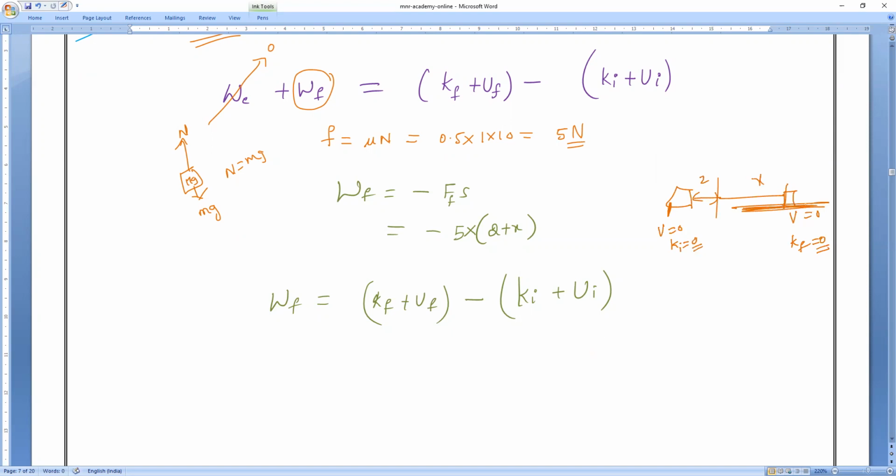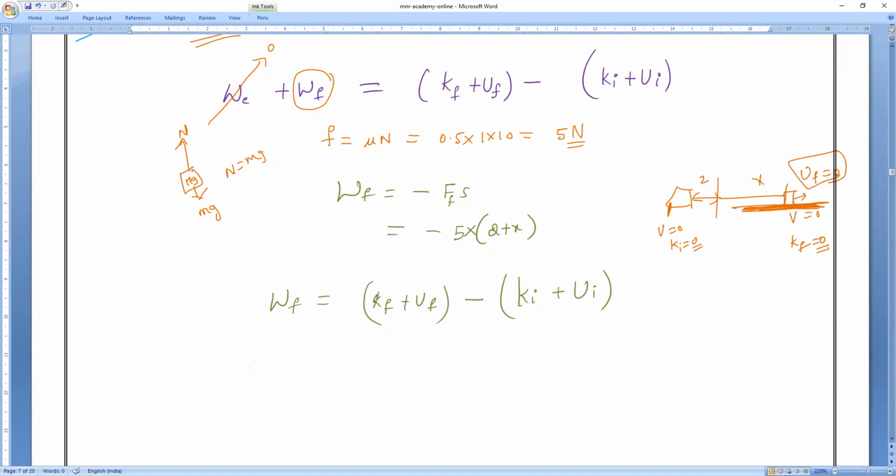As it is on the surface, at the final point the body comes to rest, so there is no height, and the final gravitational potential energy is also 0. Do you all understand? Everybody, please respond.